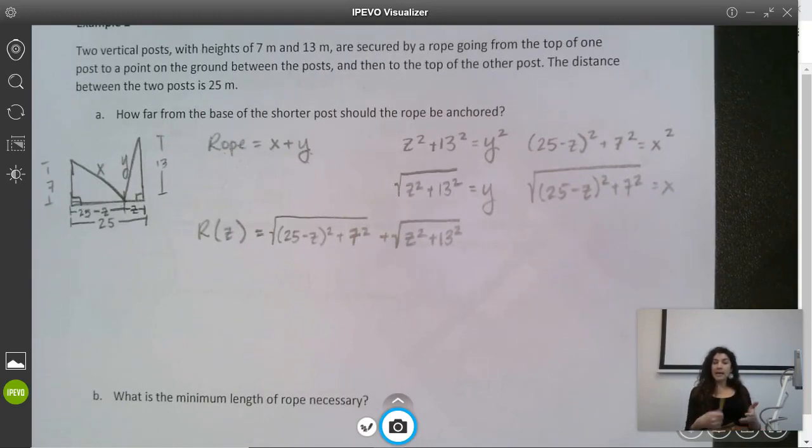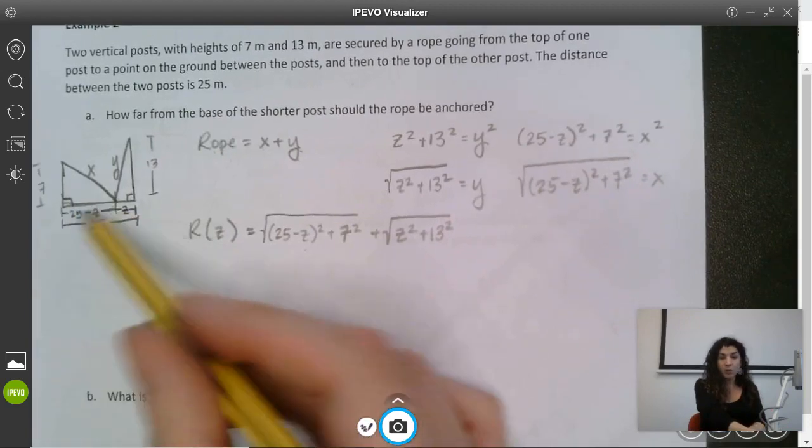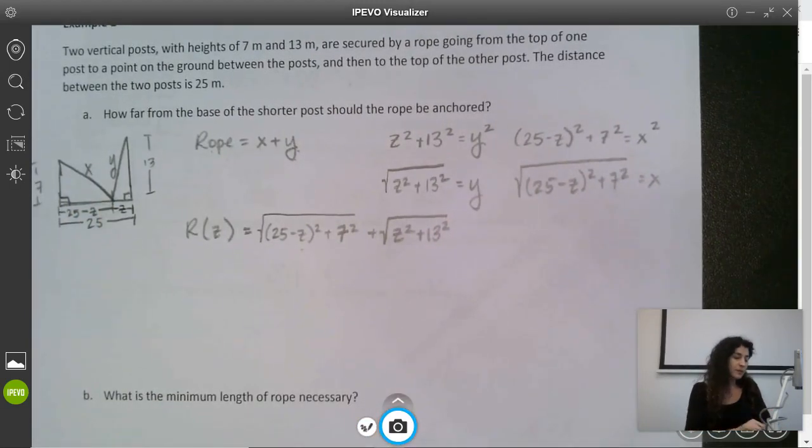We're trying to minimize how much rope we're using, which means that when we minimize, we're going to solve for Z, which, hey, Z is how far we are away from things.